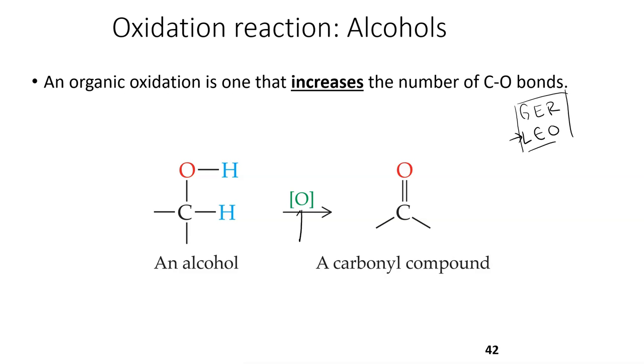This bracketed O just means concentrated oxygen. Typically it's going to be pumped in molecular oxygen that's used in here. But a lot of times that bracketed oxygen means we're oxidizing our compound. And this is a very important reaction because it's seen in a lot of biochemical reactions and processes.